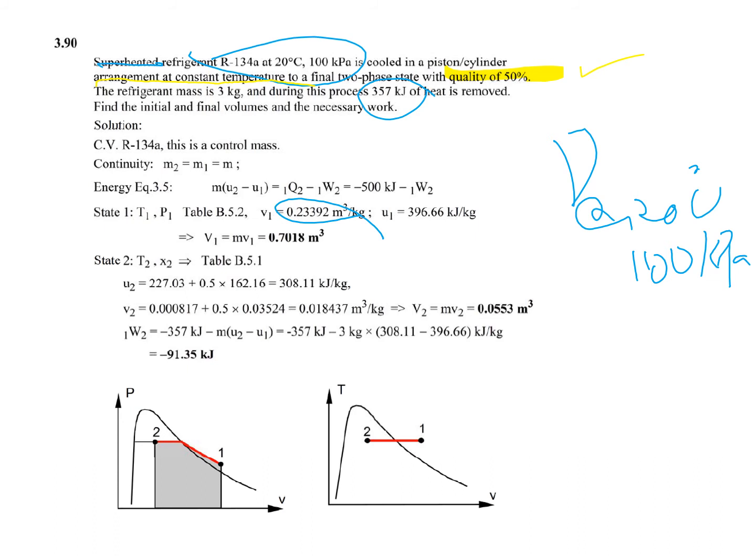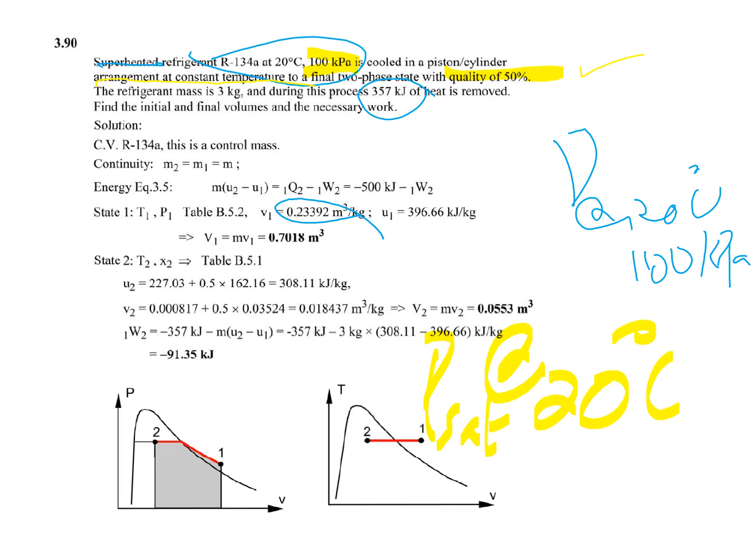Now, since it is a process in which the pressure varies, and we can see it from this, our initial pressure was 100 kilopascal, and our final pressure is the saturation pressure at 20 degrees centigrade, P sat at 20 degrees centigrade.